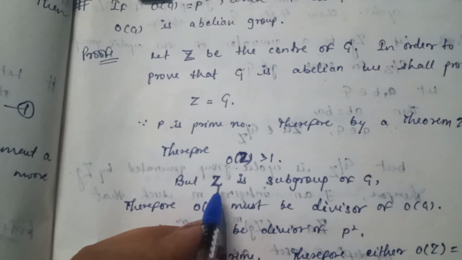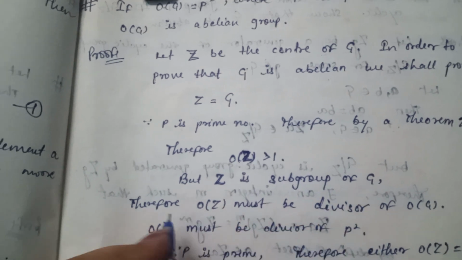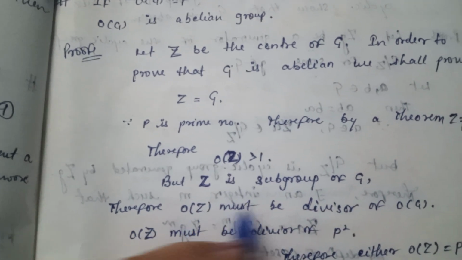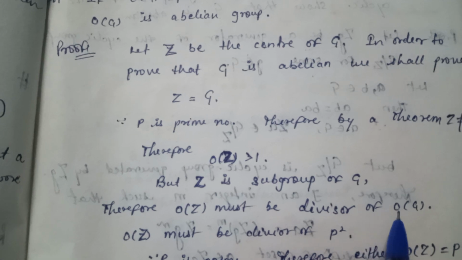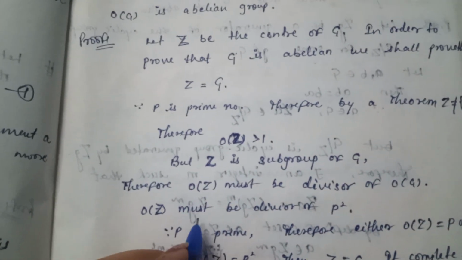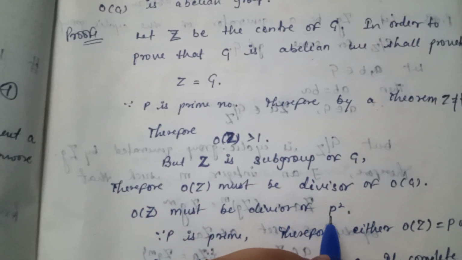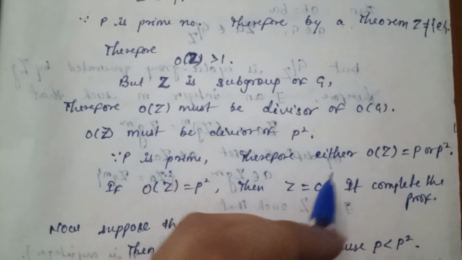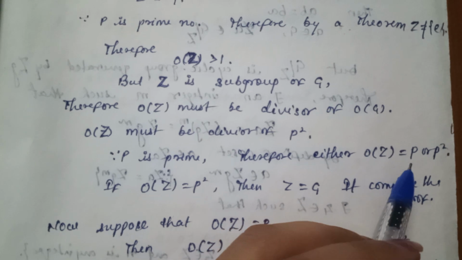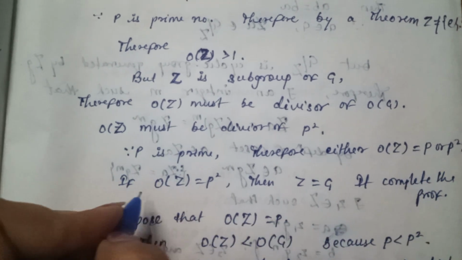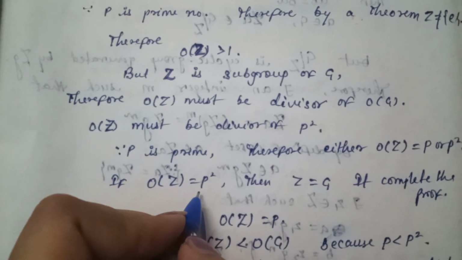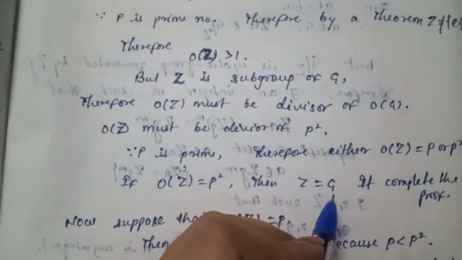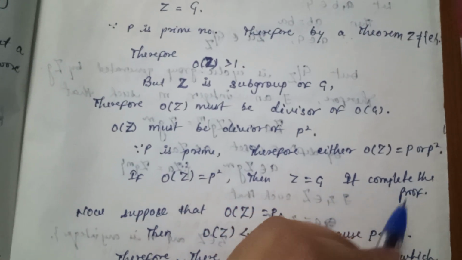But Z is a subgroup of G, therefore the order of Z must be a divisor of O(G), which is P square. Since P is prime, the order of Z is either P or P square. If the order of Z is equal to P square, then Z equals G, which completes the proof.